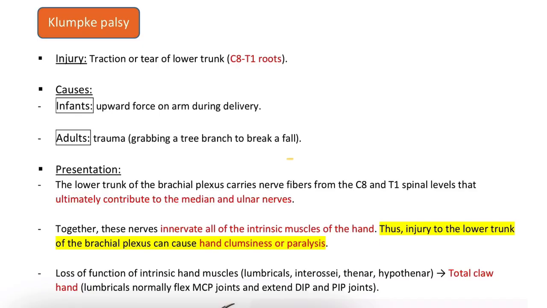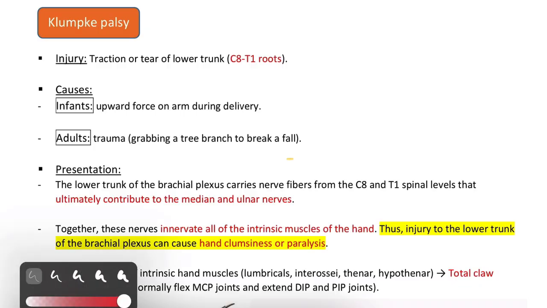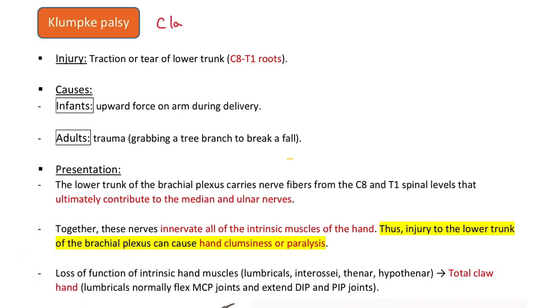If any patient got this type of injury or traction, then mostly we have to think of claw hand. Klumpke's palsy is also called claw hand. Here we have traction of C8 to T1.